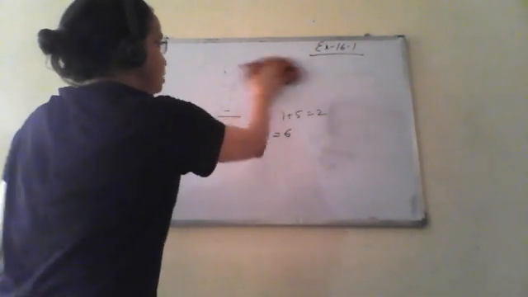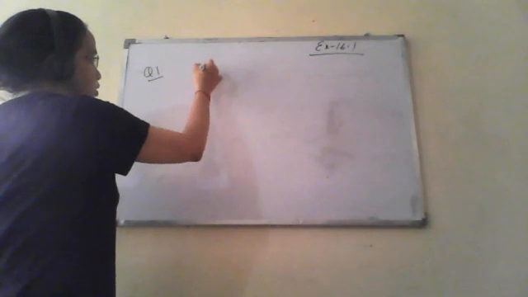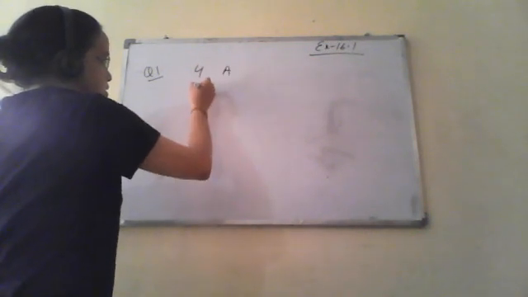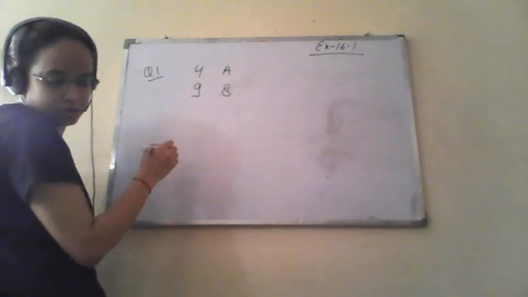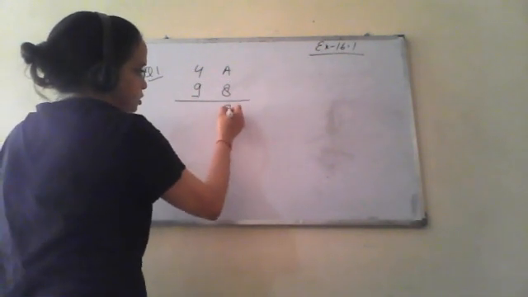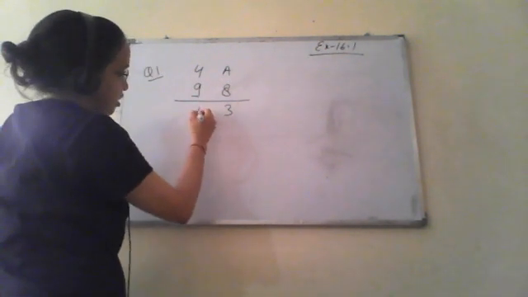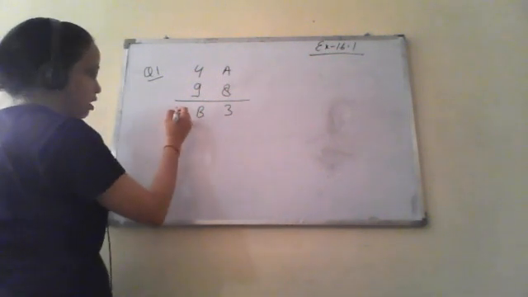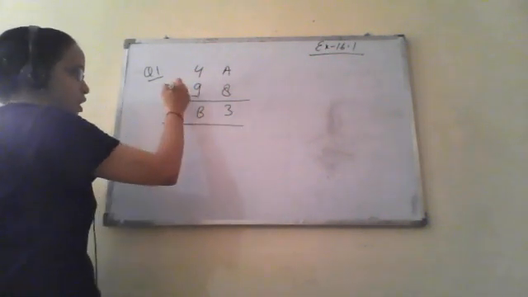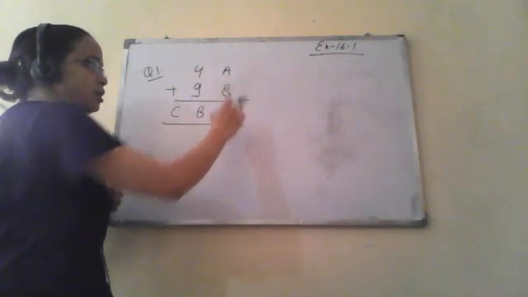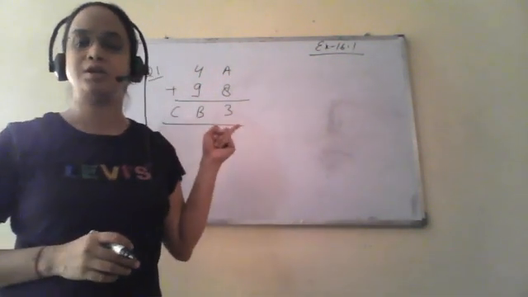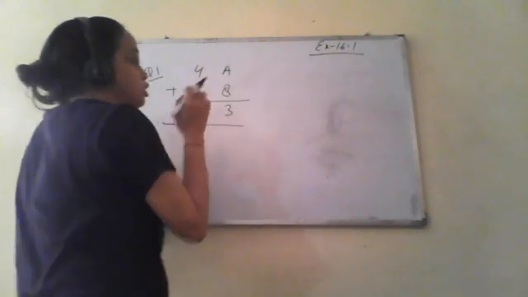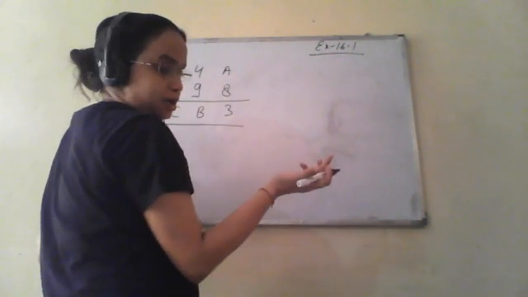Now question number 2. We have 4A, 9, 8, and B, 3, with C, and we are adding these. What can be added to 8 so that the resultant number has 3 at its units place? 8 plus 5 is 13. It is very clear.